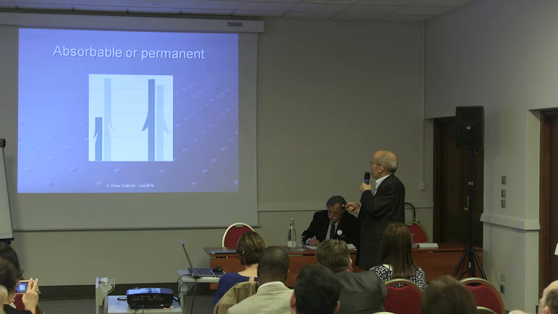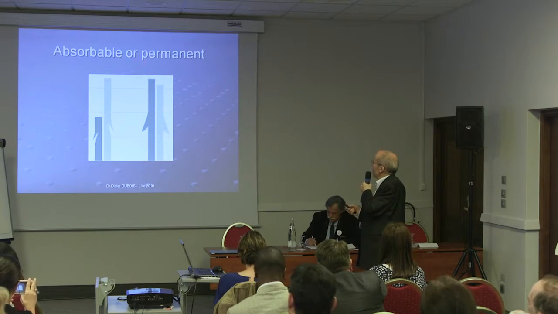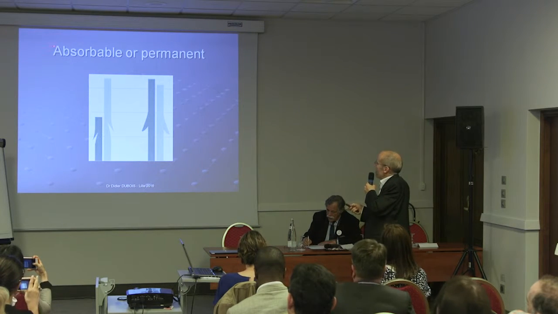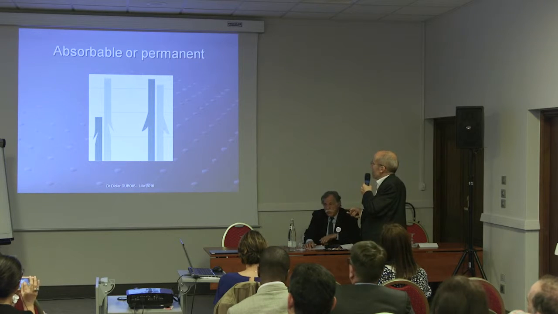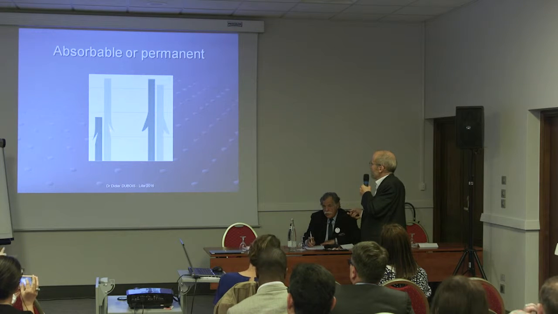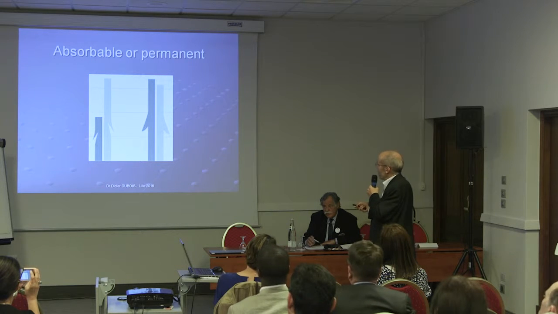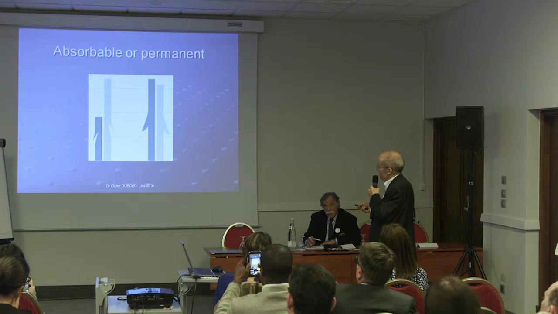Another question, which is not really a question of absorbable or permanent, but a question when you use absorbable threads, is the cogs. Cogs are often made by cutting the threads with a knife to make the barbs, the sharp cogs.